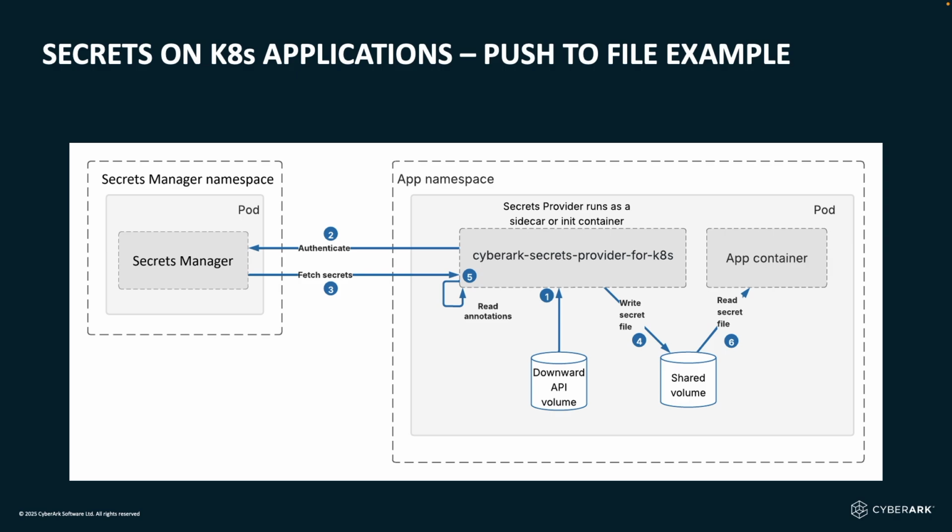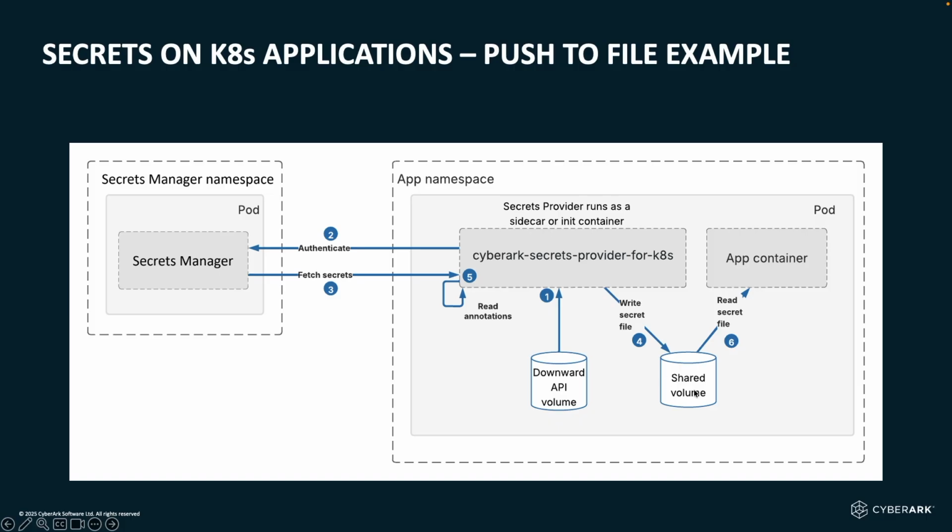In this case, we support many methods for the application: direct API, using Summon, or using some of the secret provider containers as well. In my demo, I am using the Cyber Secret Provider to get the information from the Conjur secret manager and share it to the main application using the shared volume.